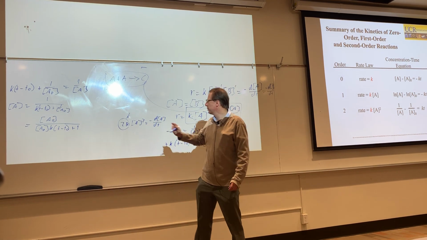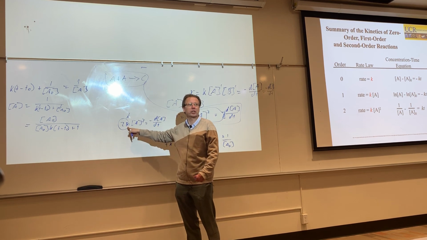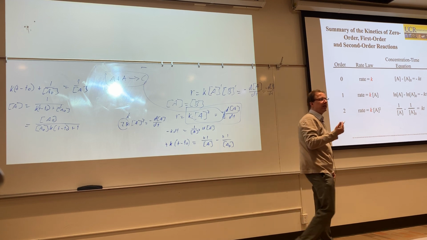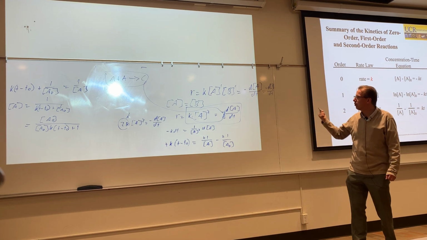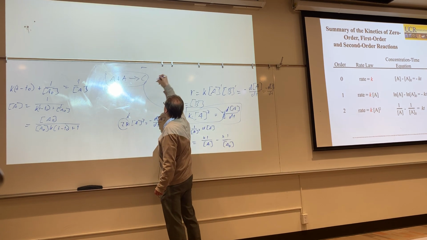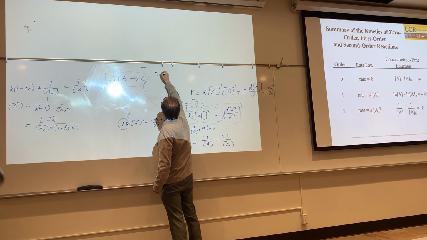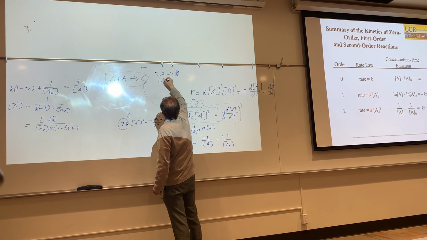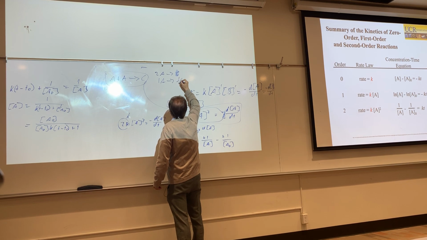Very frequently people combine this k times the stoichiometric coefficient into a new k. And then everything starts depending on whether they do that and how they wrote the reaction, because I can write this reaction both as 2A goes into C, or I can write this reaction as 1A makes 1/2 C, correct?